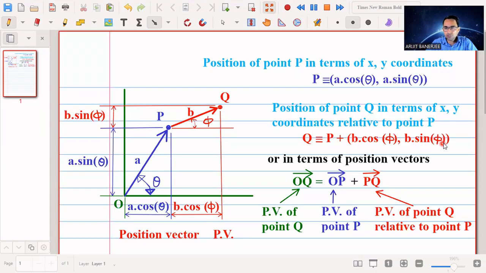So this second part on the right hand side is the position vector of Q relative to the point P. So here I have written that OQ is the position vector of point Q, OP is the position vector of point P, and PQ is the position vector of point Q relative to point P. So these vectors and their corresponding components can be seen on the diagram. Now we will go for incorporating these in the GeoGebra application to do the animations.